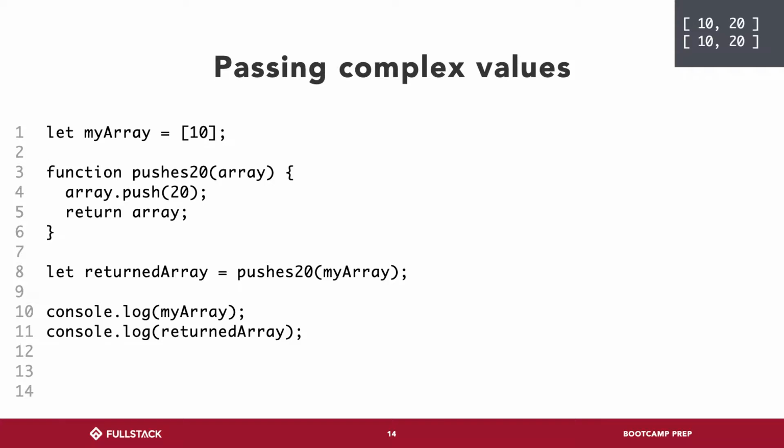This returnedArray is actually referencing this in memory, because when you pass this into the function, it gets mutated here, and then we're returning it here, and then it's assigning returnedArray to that. It's saying, hey, I'll give you a reference to what I am, and then there it is. So it behaves the same way as I just explained. Cool?